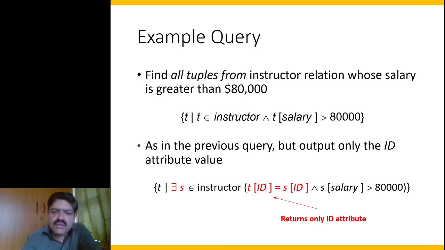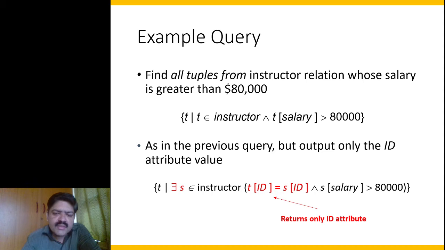What if we want to output only few attributes, something as in the project operation we saw in relational algebra? We do that using this syntactic structure. Imagine that we are copying the contents of the relation instructor into S, and filter S as indicated by the predicate. So in this example, we would like to keep all those tuples of instructor in S where salary is greater than 80,000.